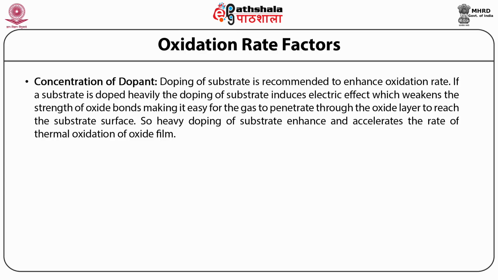If a substrate is doped heavily, the doping induces an electric effect which weakens the strength of the oxide bonds, making it easy for the gas to penetrate through the oxide layer to reach the substrate surface. So heavy doping of the substrate enhances and accelerates the rate of thermal oxidation of the oxide film.